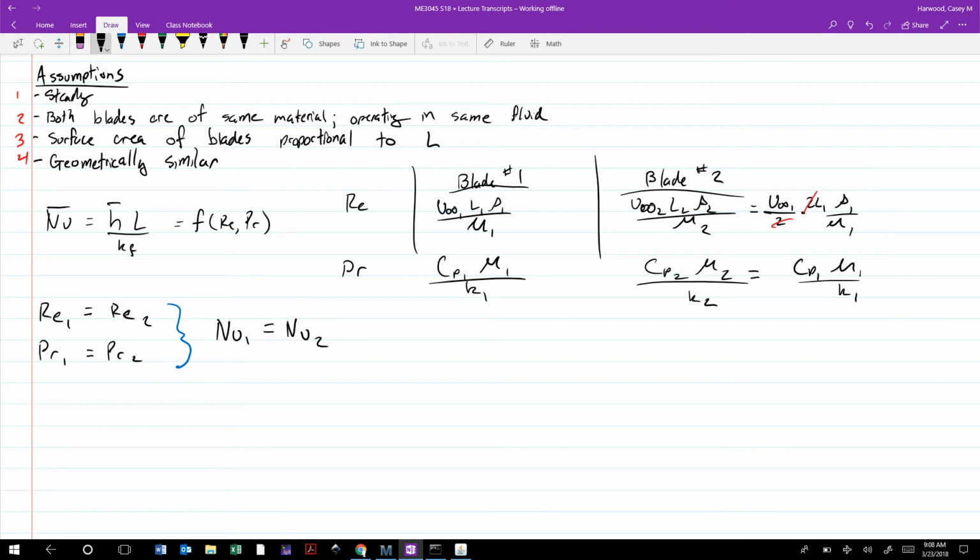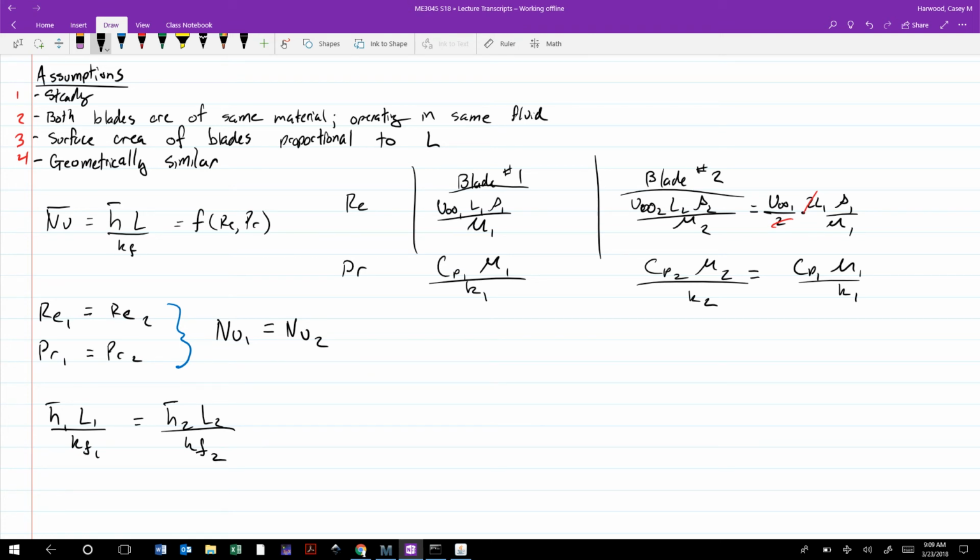All right, so the next step here is to write this out. The Nusselt number is defined as h bar 1 L1 over KF1, and this is equal then to h bar 2 L2 over KF2.